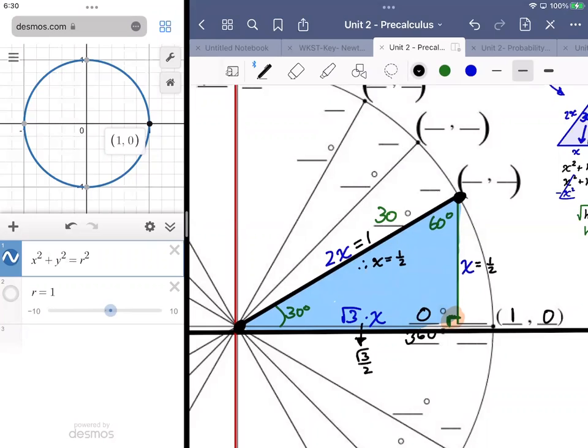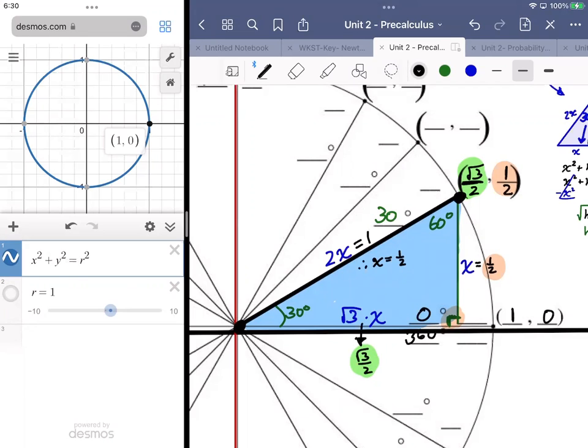Distance from the y-axis followed by distance from the x-axis, right? So this value here is the distance from the y-axis. That's the x. And this value here is the distance from the x-axis, which would be the y value. Right. So I'll use this little bar as a fraction here. So radical 3 over 2 and 1/2.